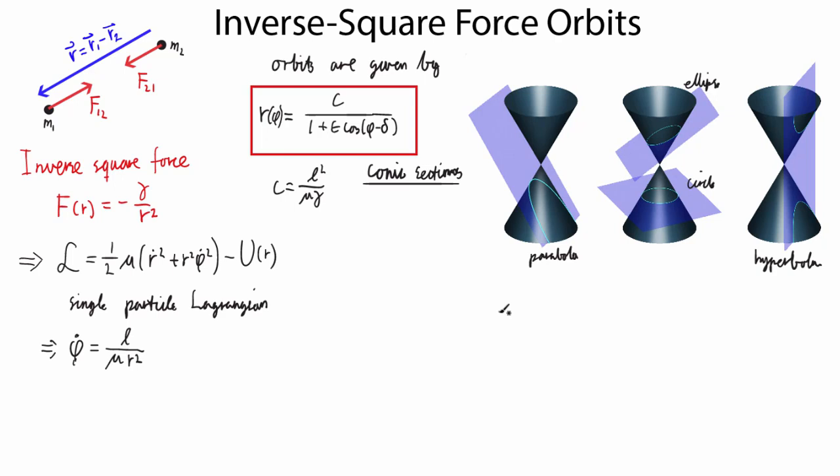Another way to mathematically define conic sections is to say that you have a point here, which we call the focus, F, and then we have a line which we call the directrix, D. Then we pick some arbitrary point here, and we take the distance from this point to the directrix, and we also take the distance from the focus to this point.